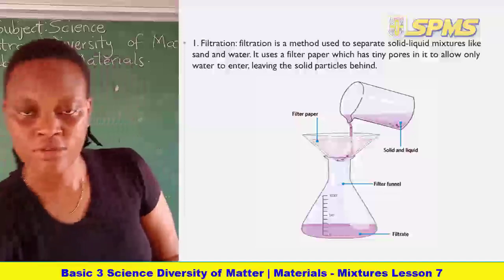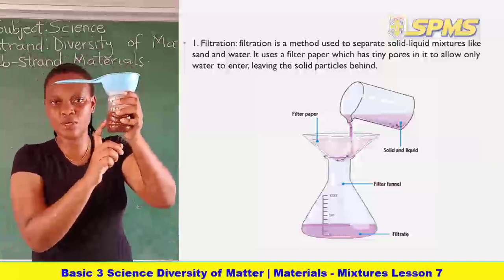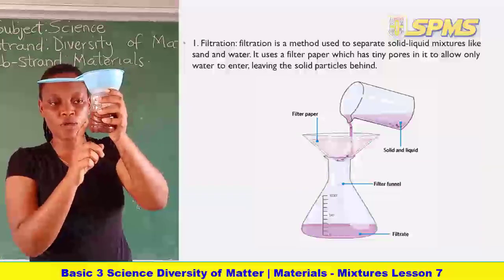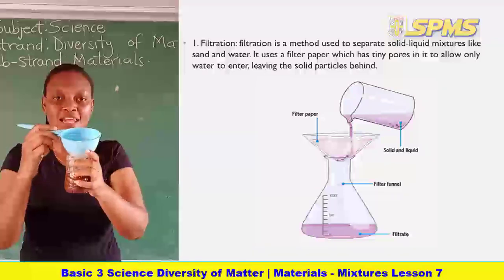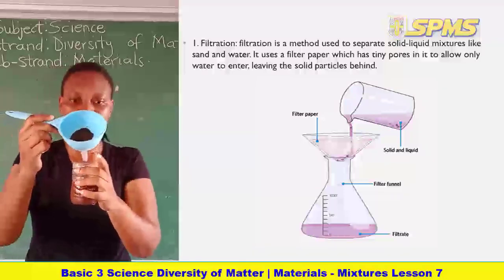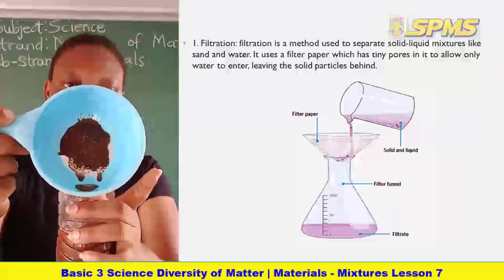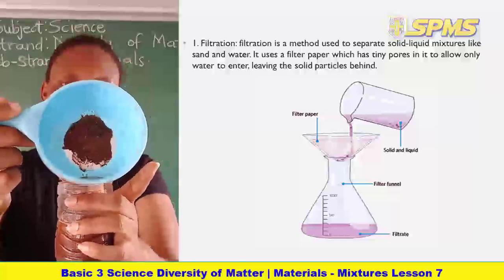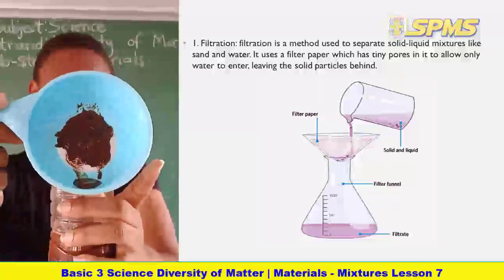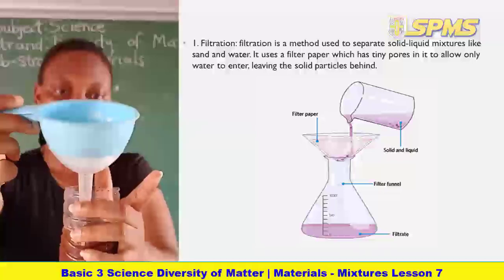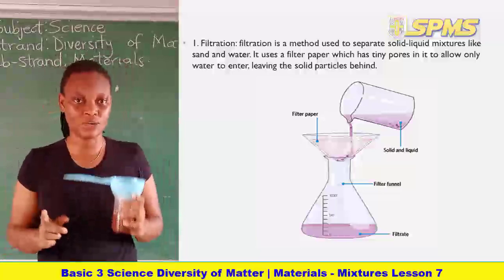Good. So we realize that it is only the liquid or the water that came out from the funnel, and then we are left with the sand, as you can see, in the filter paper. The filter paper does not allow the sand to enter the cup. It is only the liquid.